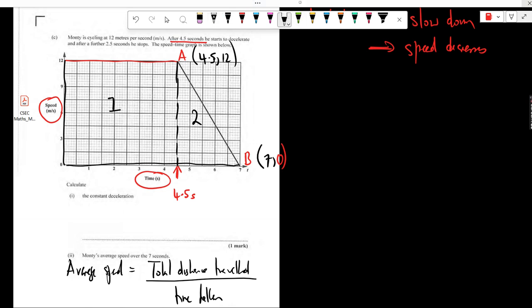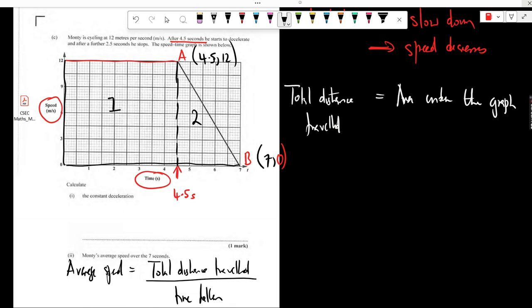So the total distance traveled is equal to the area under the graph, right? So we split it into regions. Let's just do it region by region.